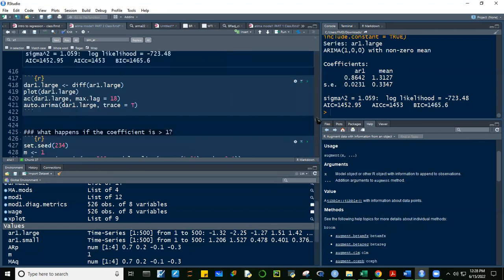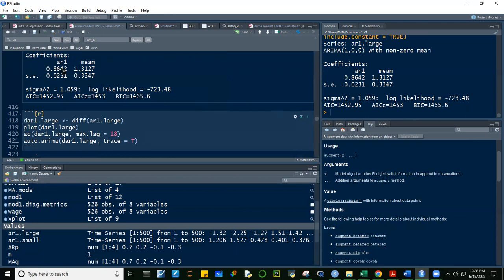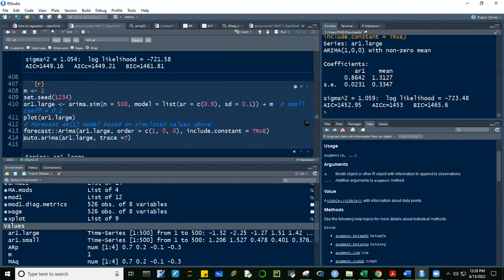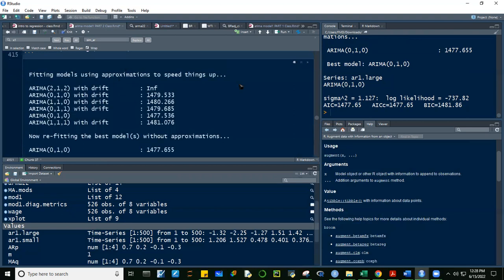Ang lumabas sa kanya is 0.8642, which is really close to 0.9. Pero guys, pag pina-auto.arima natin, ano lumalabas?